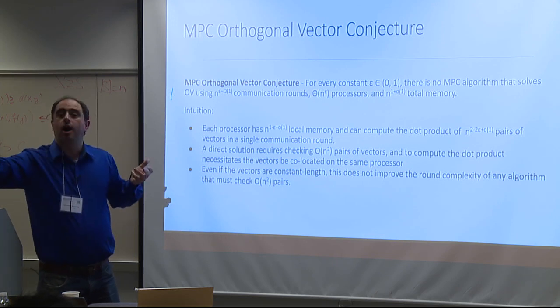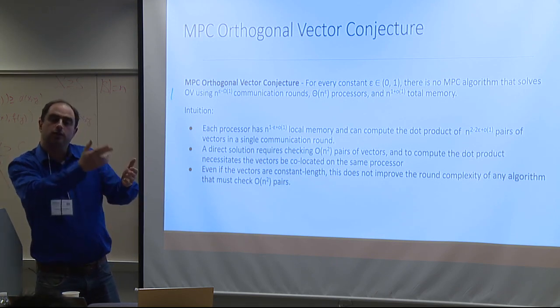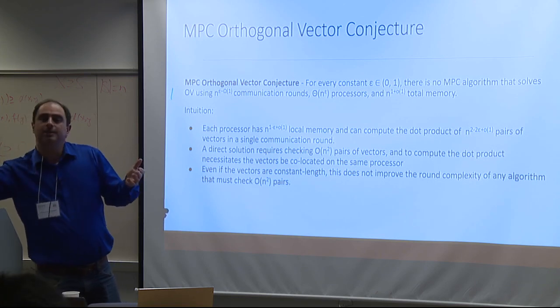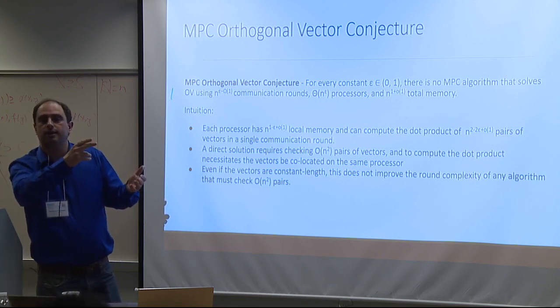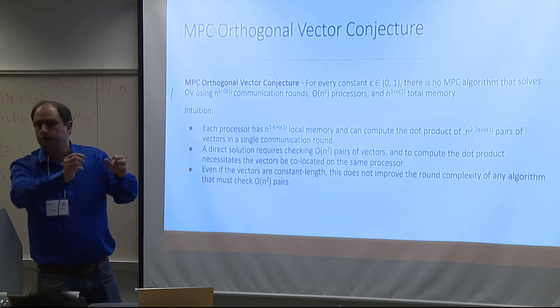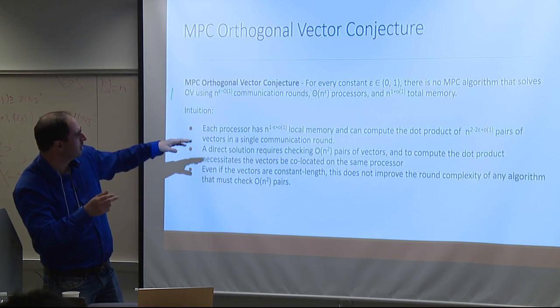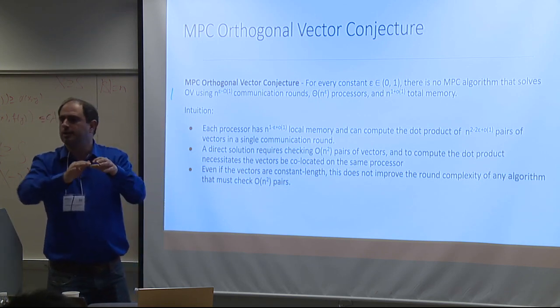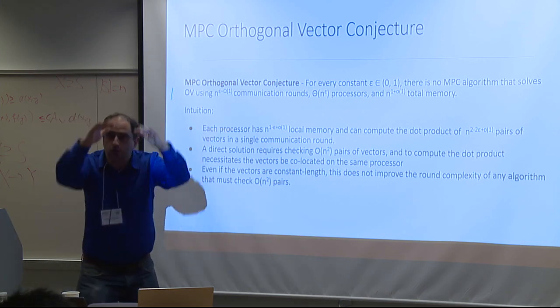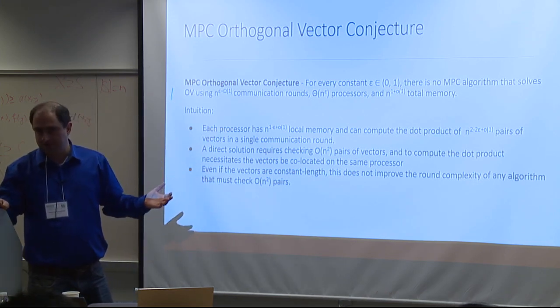So in each round you can do essentially n to the 2 minus epsilon of these pairs. So you need at least n to the epsilon rounds to do everything.